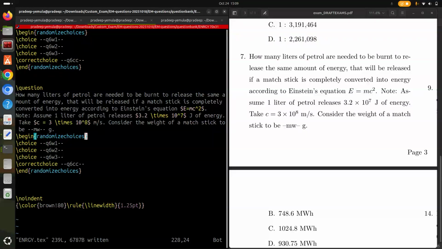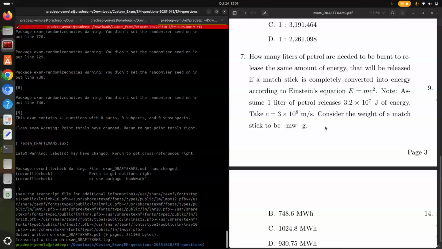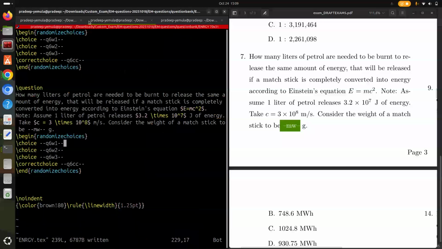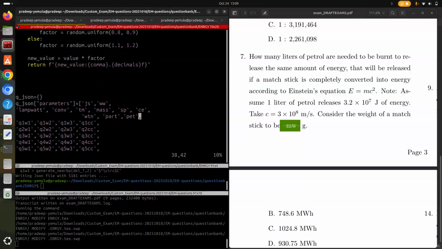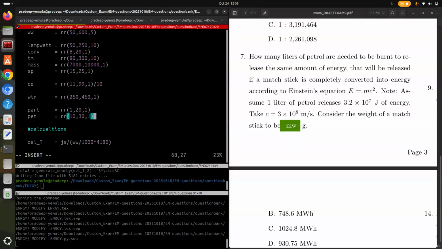For solving, what we need to do is first give some number to this MW. I'll introduce the parameter MW here, and we will give a value to that MW.